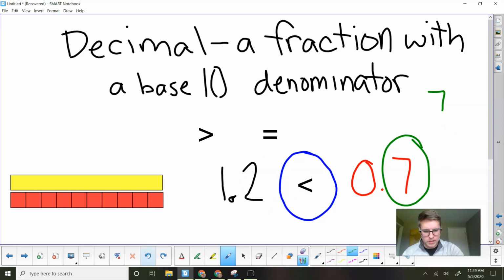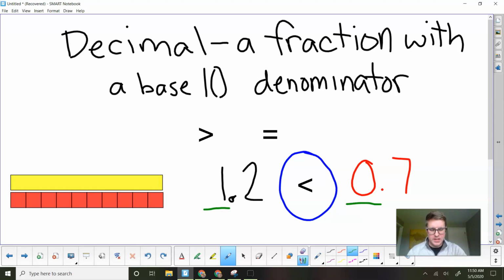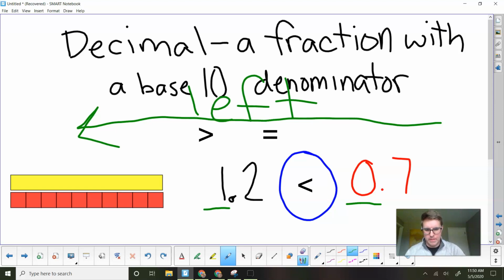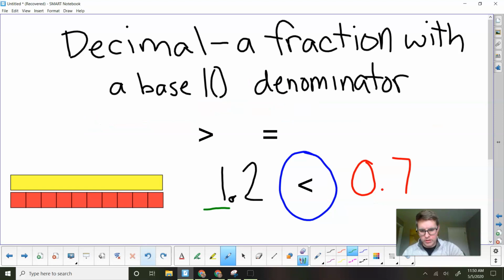You forgot that when we compare, we always look at the greatest place value, which in this case is our 1s. Remember, boys and girls, the further you go to the left, the bigger the place value. The furthest number to the left is 1 and 0.